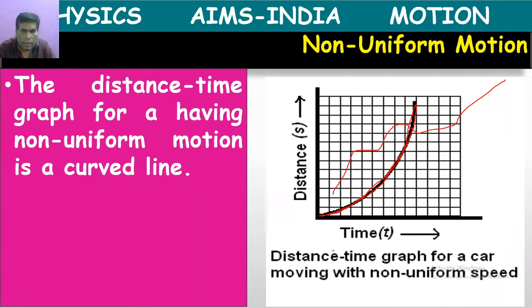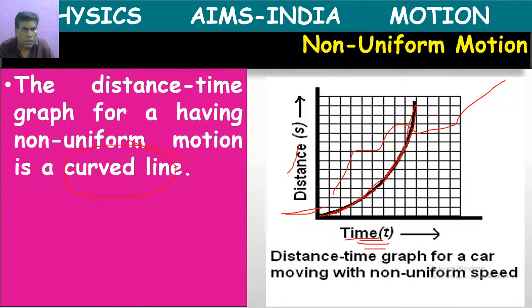Here the time may be equal and distance unequal, or distances may be equal and time unequal. So one is equal, the other is unequal. Then it is called non-uniform motion.